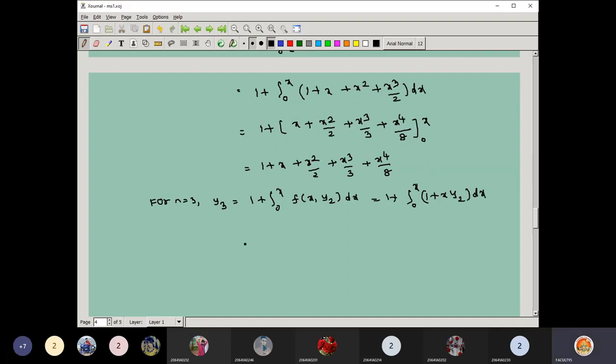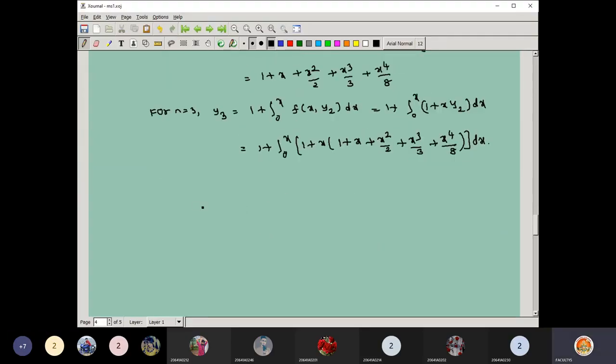So 1 plus integral 0 to x of 1 plus x into y2, already calculated as 1 plus x plus x square by 2 plus x cube by 3 plus x to the power of 4 by 8. That value I am substituting, and overall it is of dx.